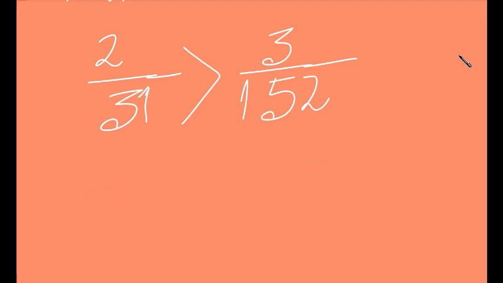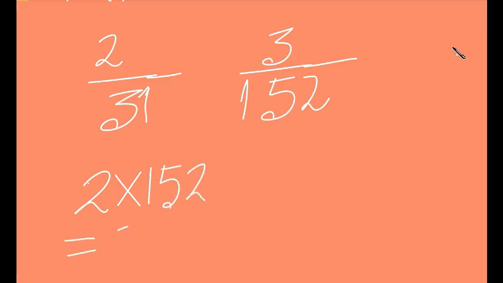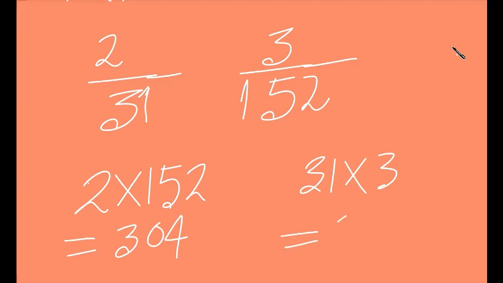We write it, first you are going to start here only, always the left hand side. 2 into 152 is equal to 304, and there you write 31 into 3 is equal to 93.